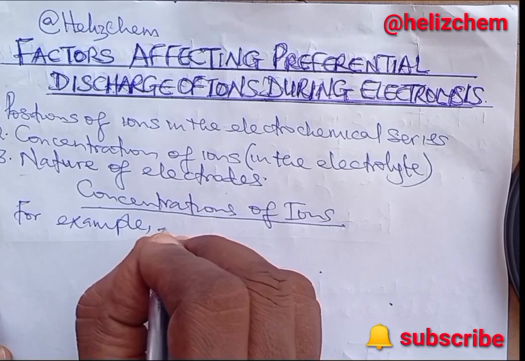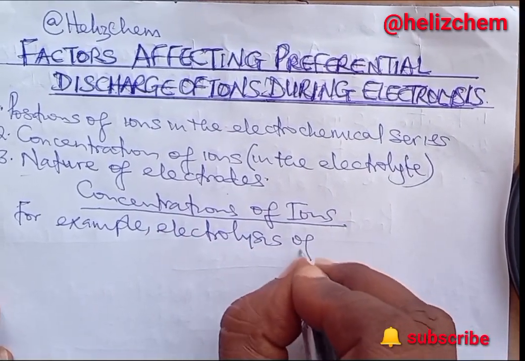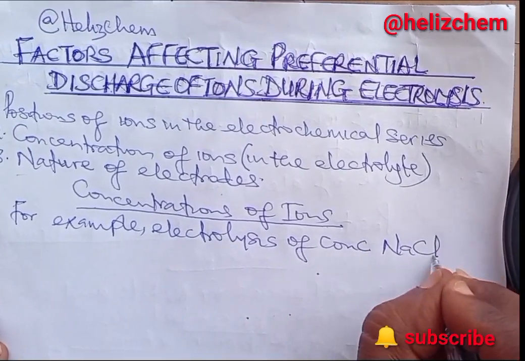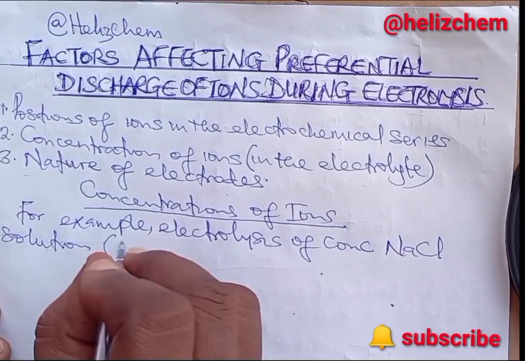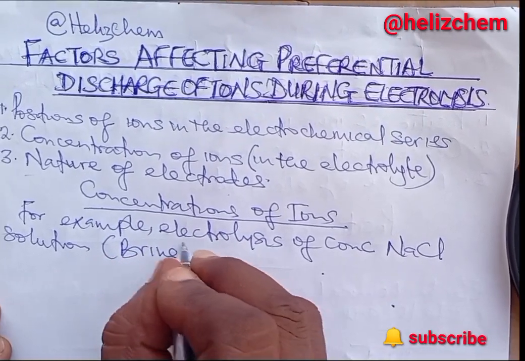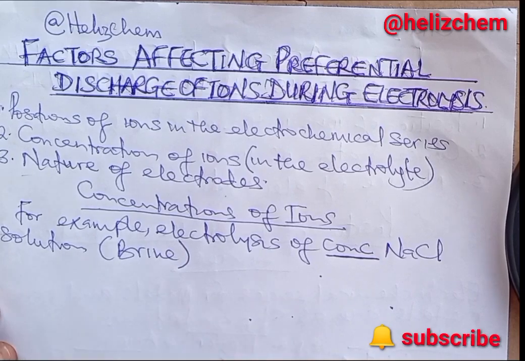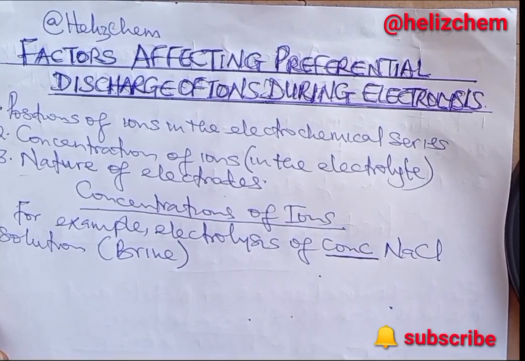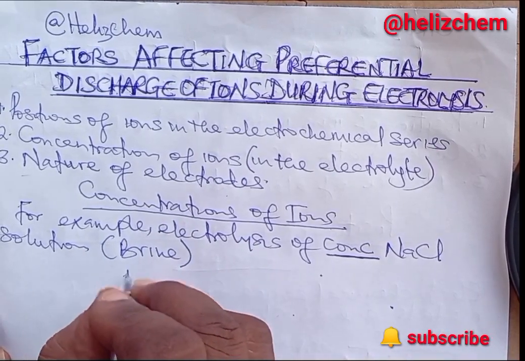For example, electrolysis of concentrated sodium chloride solution, otherwise known as brine. Don't forget, I use concentrated. That is what we are going to use for this example. In concentrated sodium chloride solution, we have the following ions.